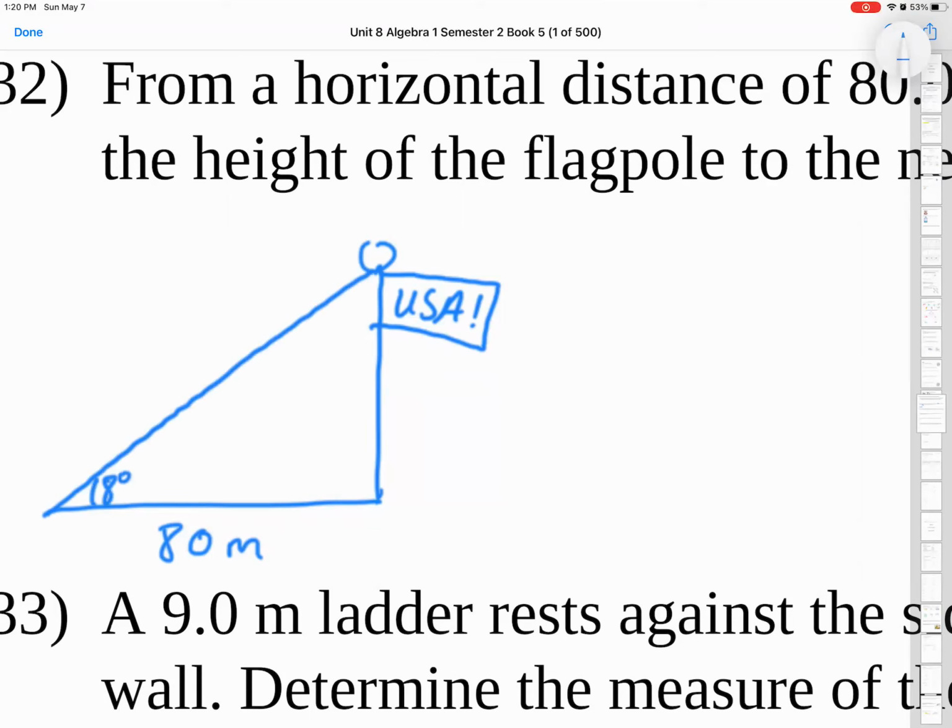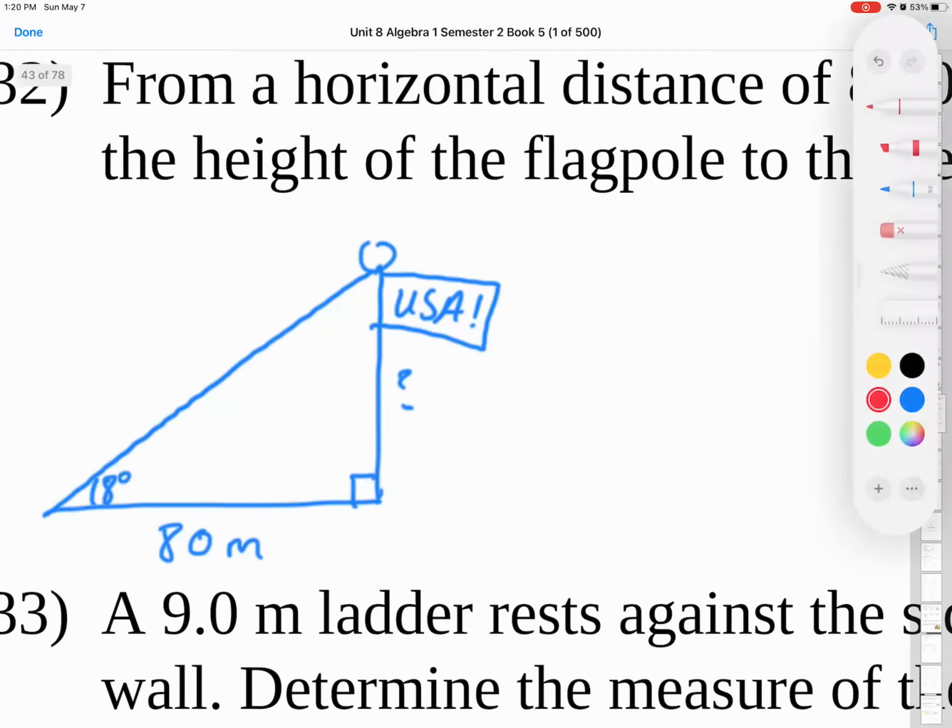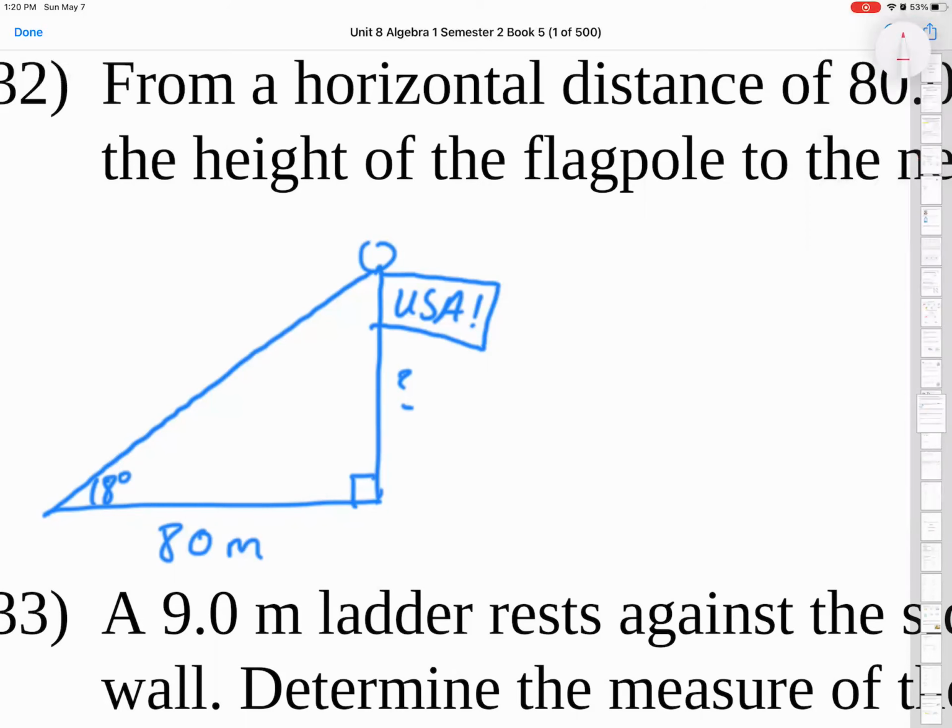And what we have to do is find out how big the flagpole is. So how high up is that flagpole? Well, we notice that it creates this 90 degrees, so we can then use SOHCAHTOA. And again, for the flagpole question, staple question, you have to pretty much use your trig functions, okay?